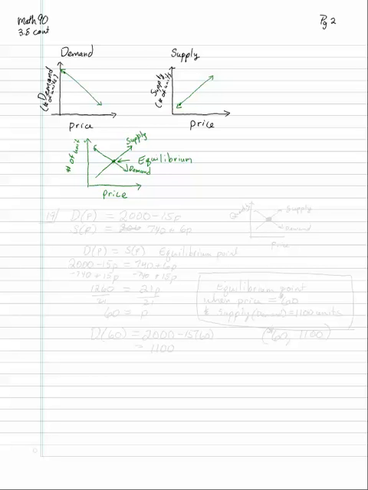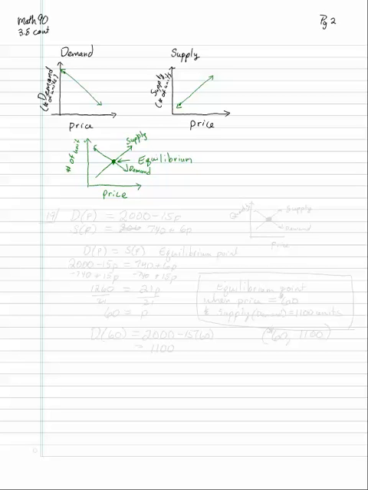So the market kind of settles into an equilibrium point, right? As the demand increases, the price goes up, and vice versa. I don't know which way I just said it. Anyway, they have inverse relationships, and eventually the market settles in at this equilibrium point.